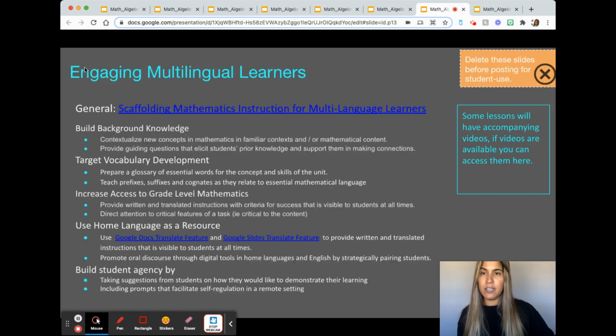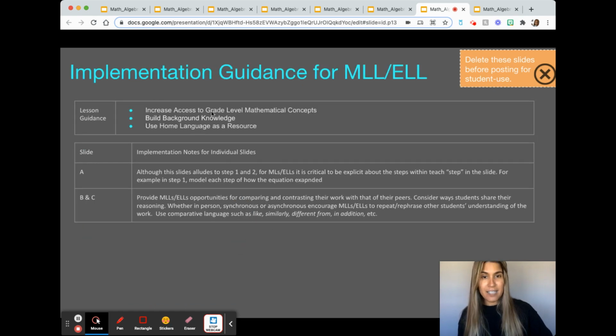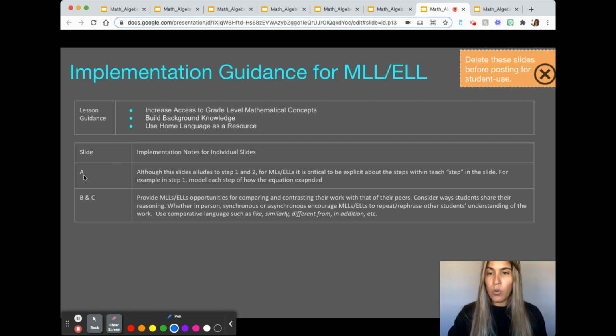And you'll see it has at the top, engaging multilingual learners and scaffolds. And then on the second slide, it's going to be specifically the implementation for our multilingual learners and specifically what to do by slide. So according to the slide provided and to the lesson that day, what are things that you could do to support our ELLs?